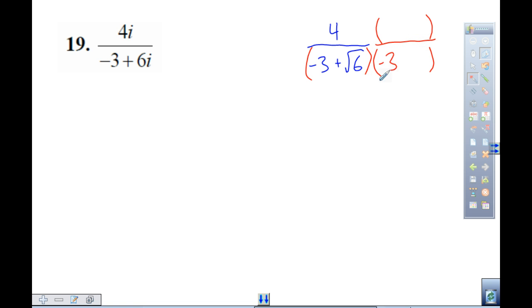And that's when we change just the sign connecting the two. So if it's positive here, we multiply by the opposite. So same thing here.